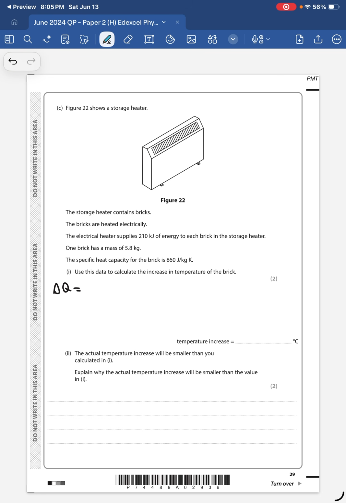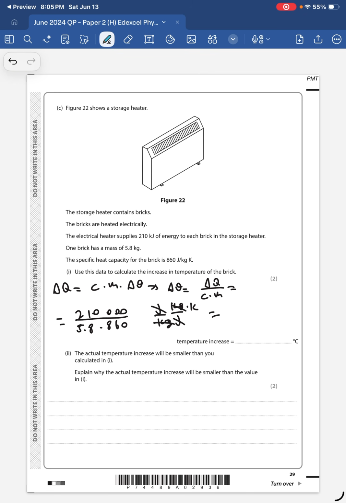So delta Q is going to be C times M times delta theta. So delta theta is going to be delta Q over C times M. Okay, so we have 210,000 joules, then over the mass, which is 5.8 kilograms, and then we have 860 joules per kilogram per Kelvin.